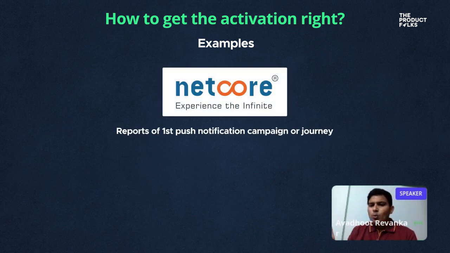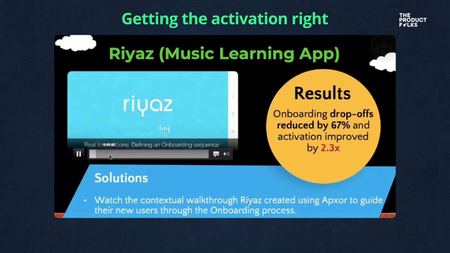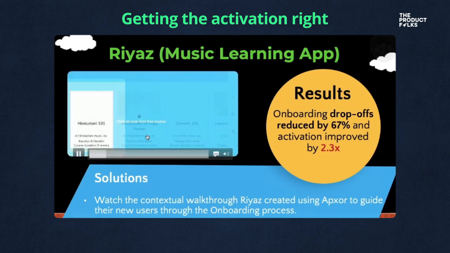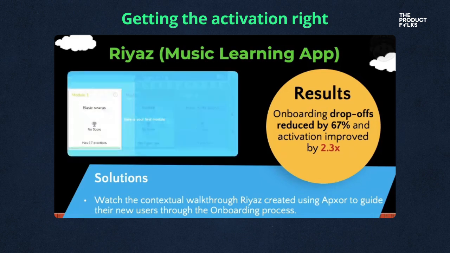And for us, from a B2B perspective, it's reports of campaigns that users send out from the platform, or analytics that they view on the platform. The same goes for this music learning app, where they personalized the experience. The experience was gamified by itself, but they also personalized it using nudges, and you would see the entire process where the user is being guided.